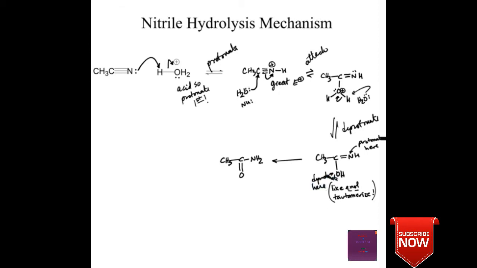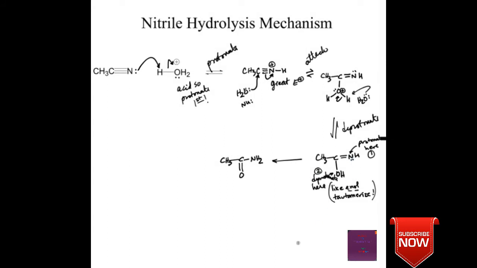And it turns out that those are the exact two steps that we have to do for the remainder of this mechanism. We have to protonate and deprotonate because we are in acidic conditions. Just like up here we protonated first, we're going to do the same thing here. We're going to protonate first and then we're going to deprotonate second.